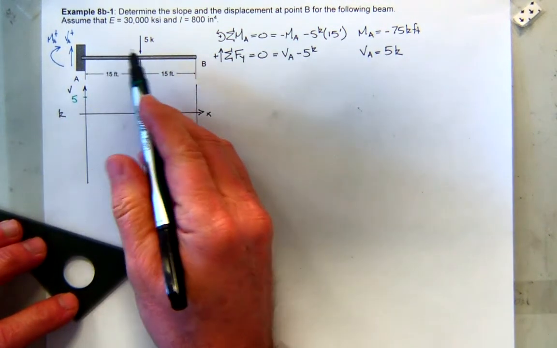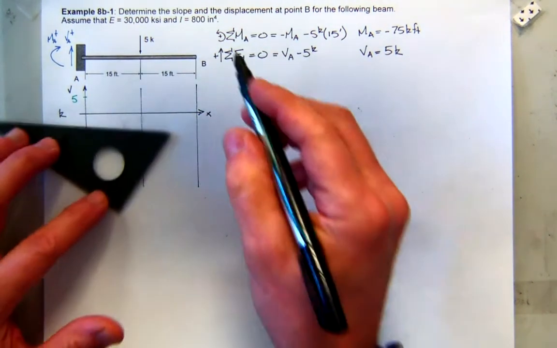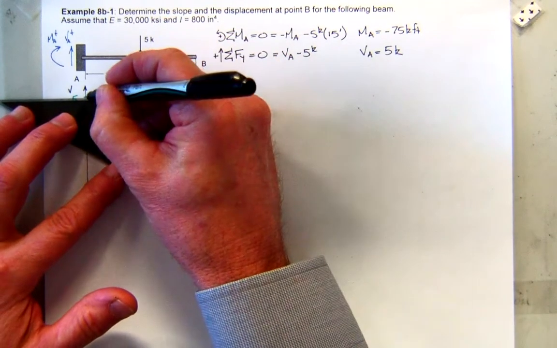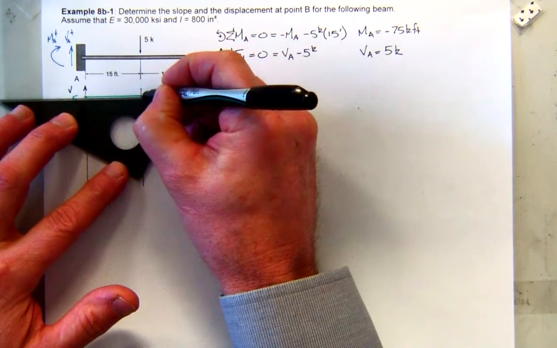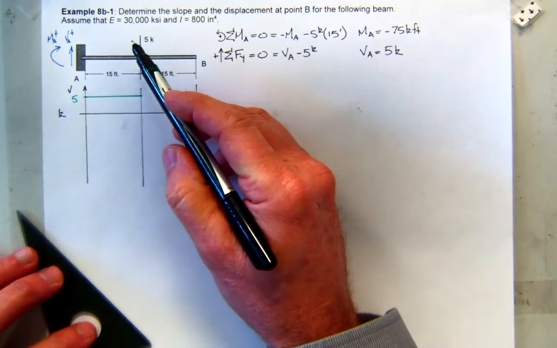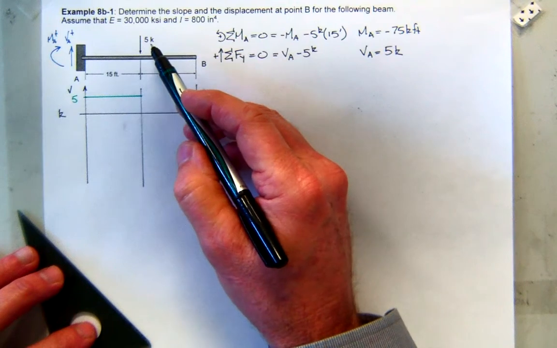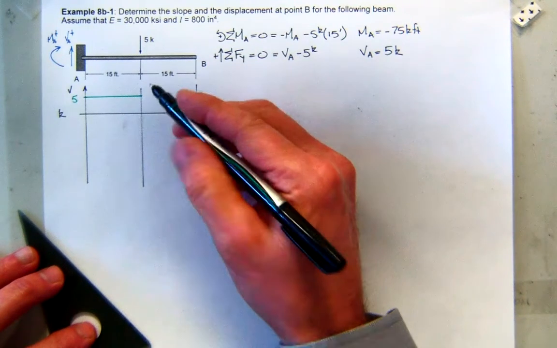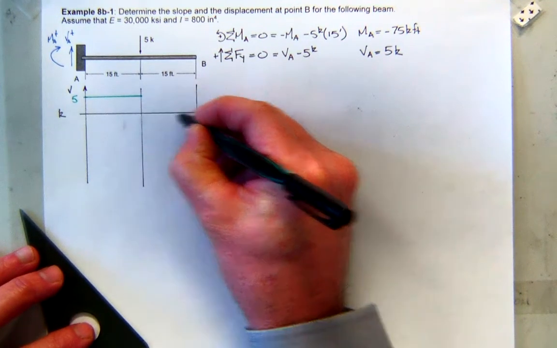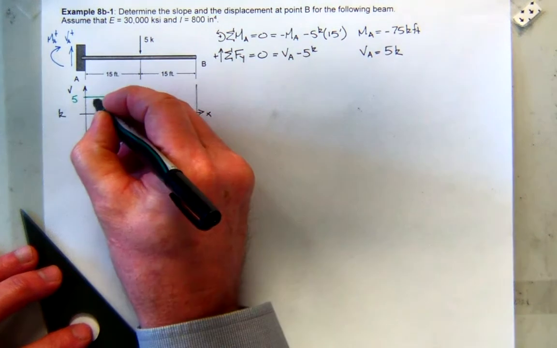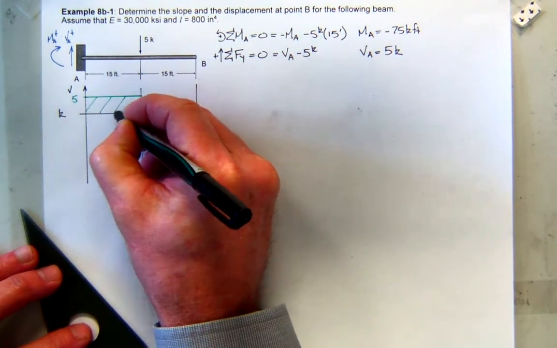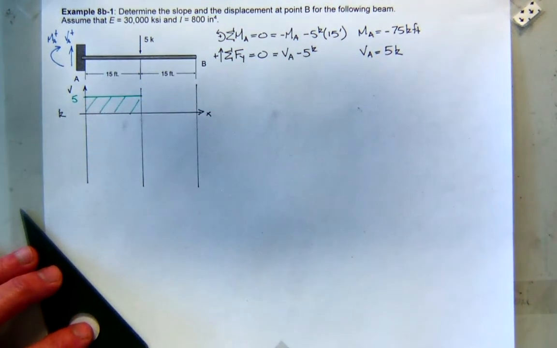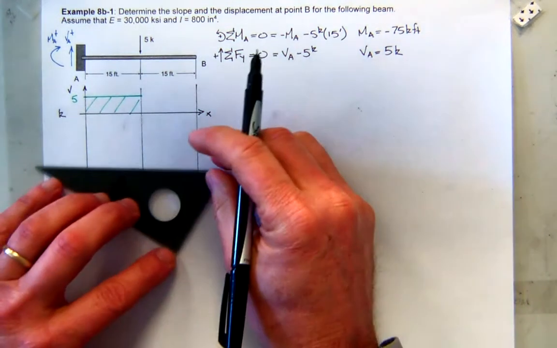There's no load over the first 15 feet, so there's no change in the shear, so that's going to stay constant. Then as I go from the left side to the right side, this 5 kips will bring it down to 0, and I'll have no more shear. So my shear diagram is that. Constant shear over the first 15 feet, no shear over the second 15 feet.